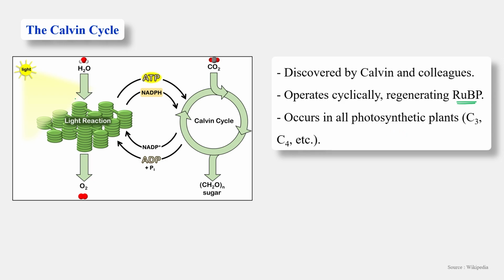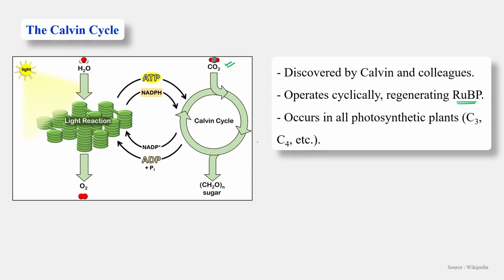This is the light reaction, which utilizes the light energy of sunlight, and splitting of water occurs, releasing oxygen, electrons and protons. The electrons and protons are further utilized by the electron transport chain and proton gradient for the production of ATP and NADPH, and these products of the light reaction are used by the Calvin cycle to fix carbon dioxide.